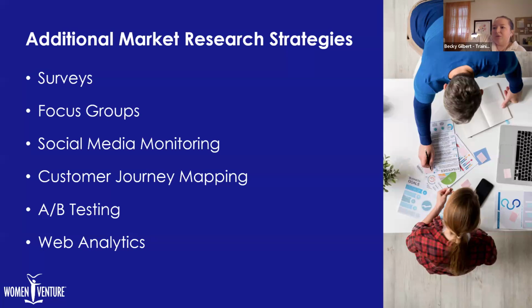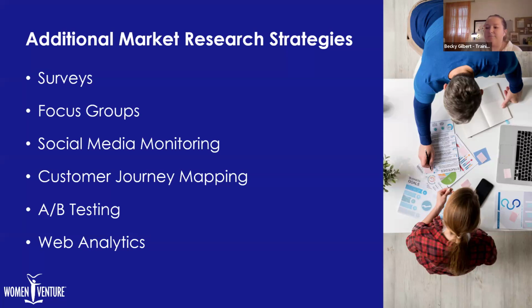And then outside of internet market research, there are a few additional market research strategies. So when you're using Google, what you're doing is called secondary market research. You're basically compiling research that someone else has already done.